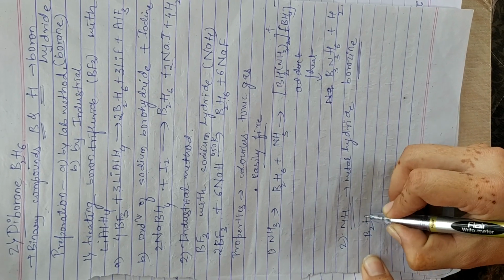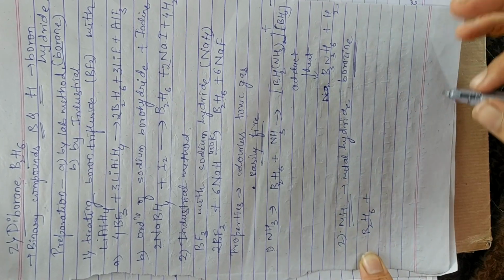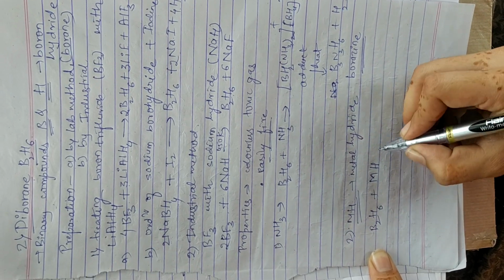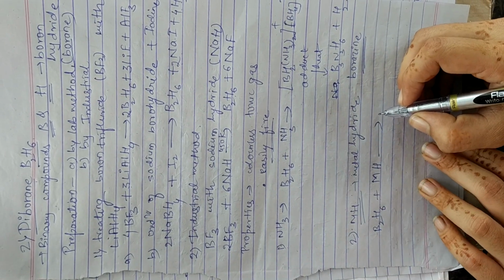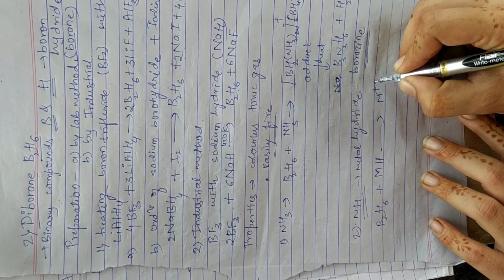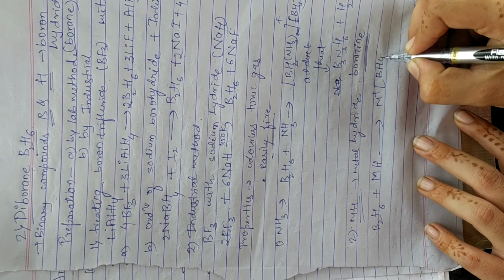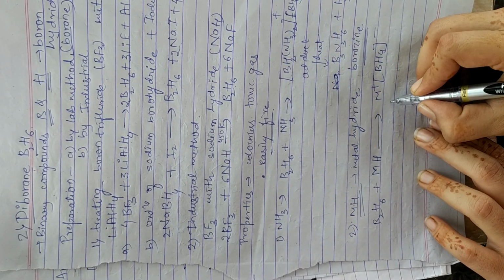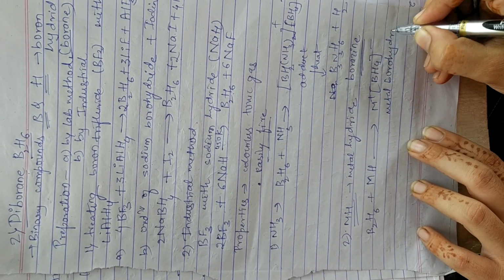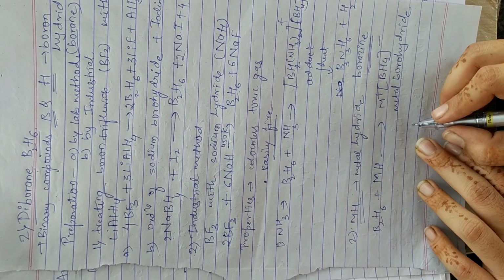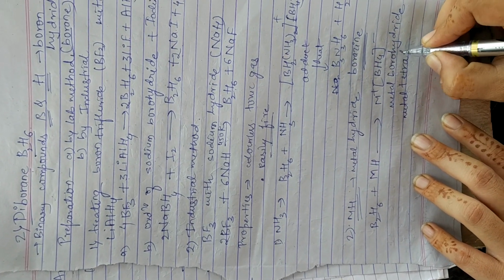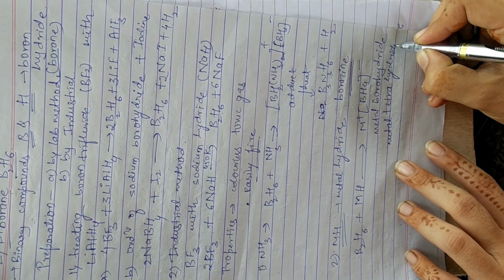This diborane reacts with the metal hydride, which will liberate the metal borohydride, also called metal tetrahydridoborate.